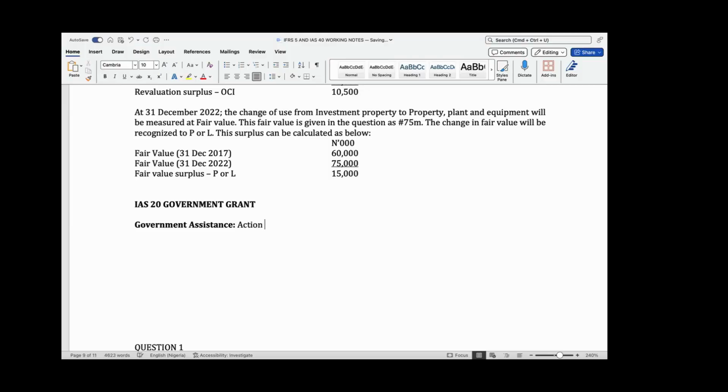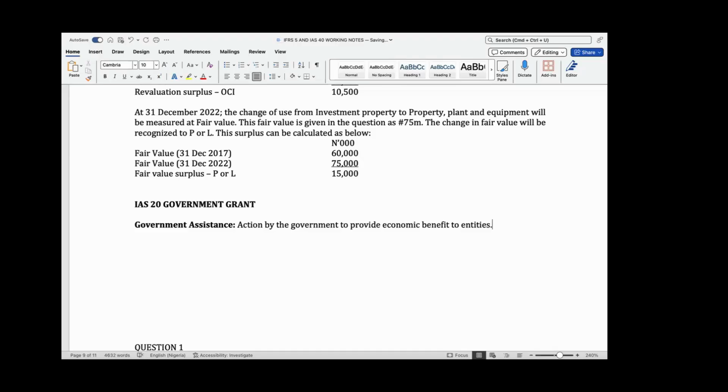So it is any action by the government to provide economic benefits to entities.